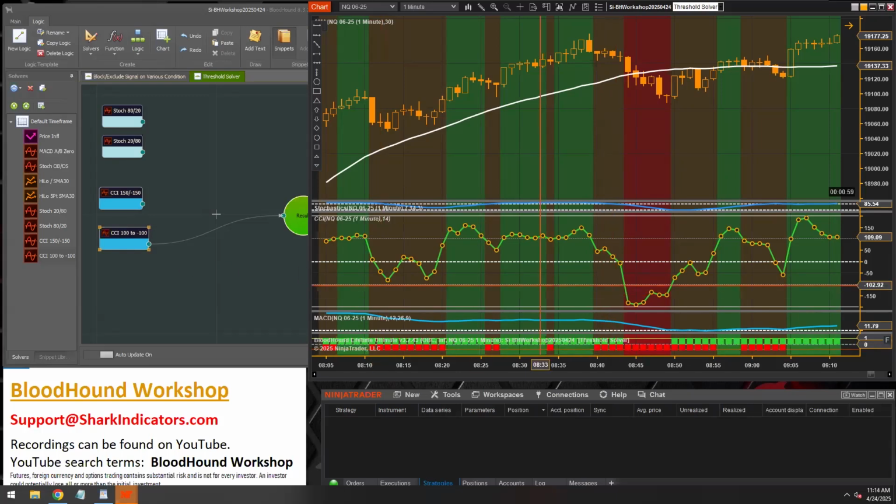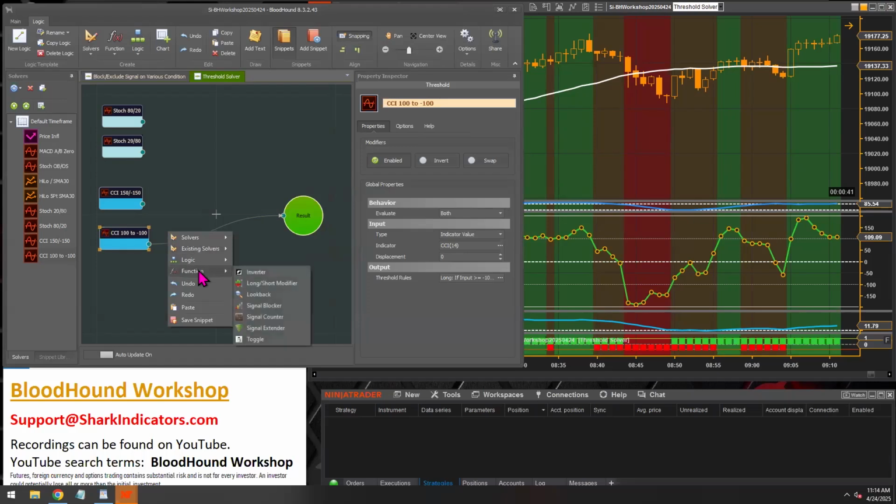Right. So if we really wanted to identify only between those two ranges, then we need to remove the short only output, or the long only output. And we can do that using the long short modifier function node here.